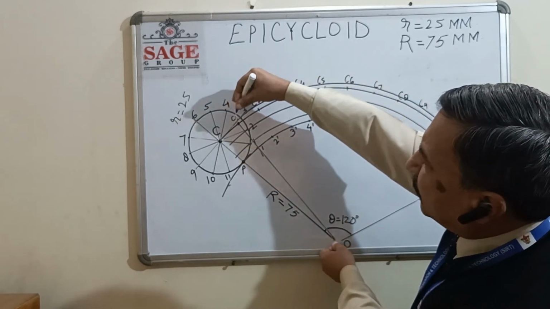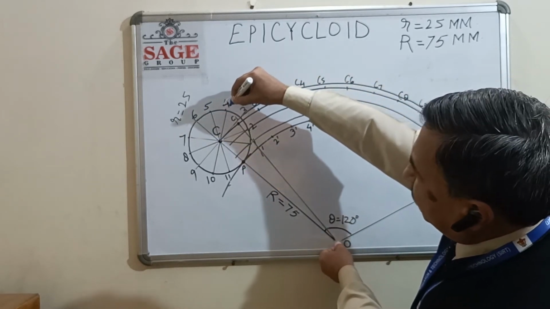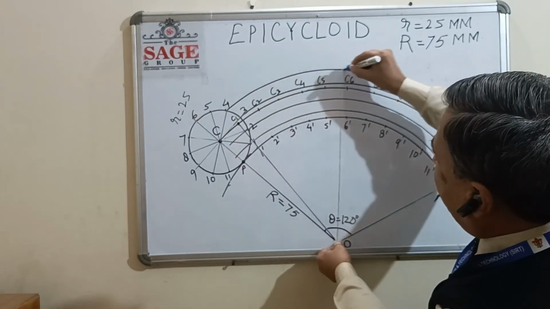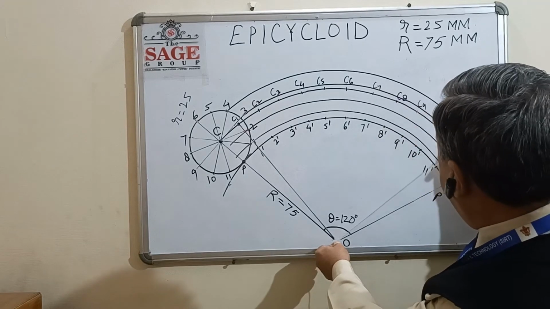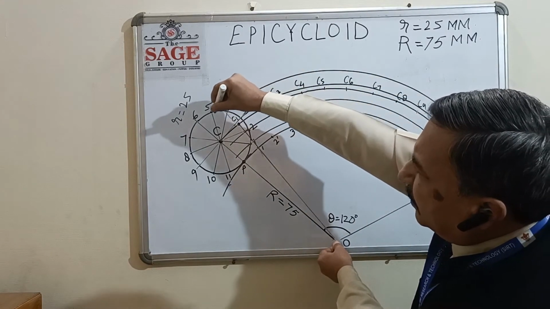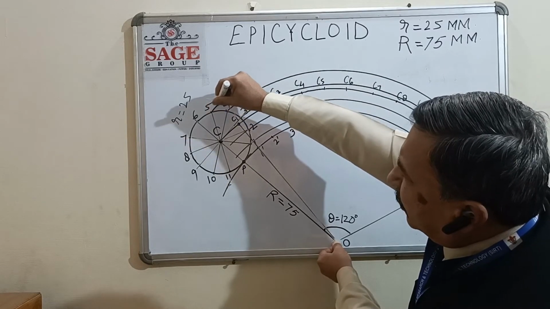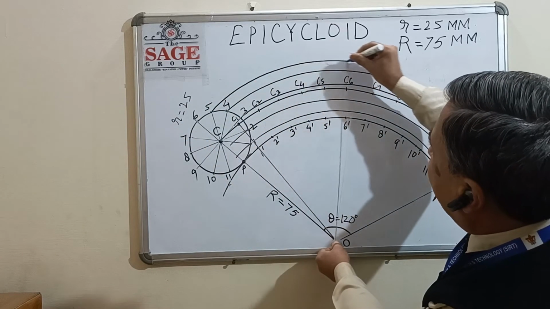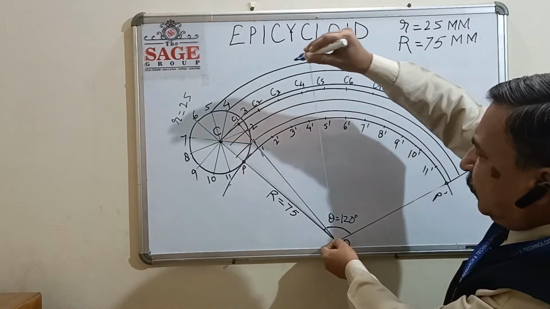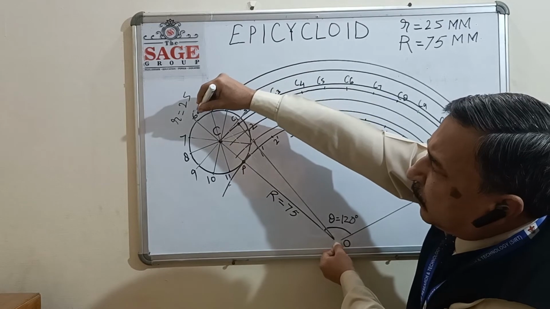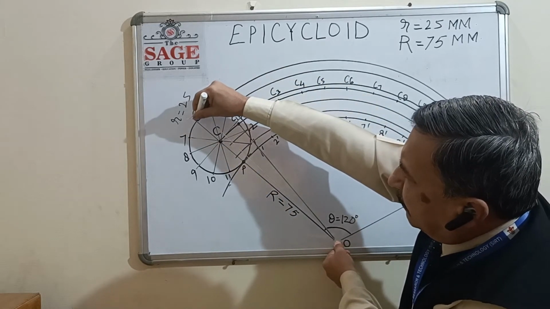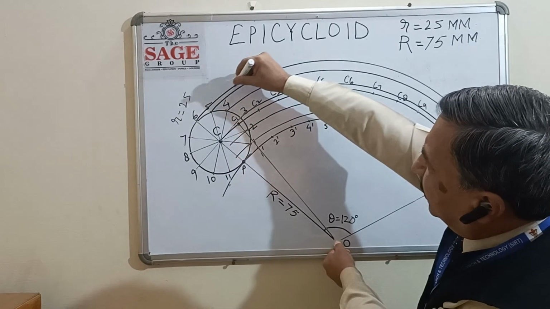Then through 4, same center O, we have to draw another curved path. Then through the same center O, draw another curved path through 5. Through the same center and through 6, this is our last curved path, through 6.